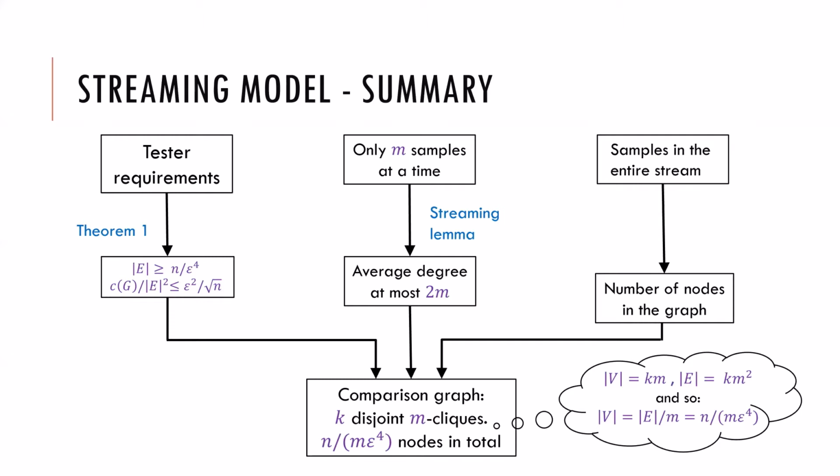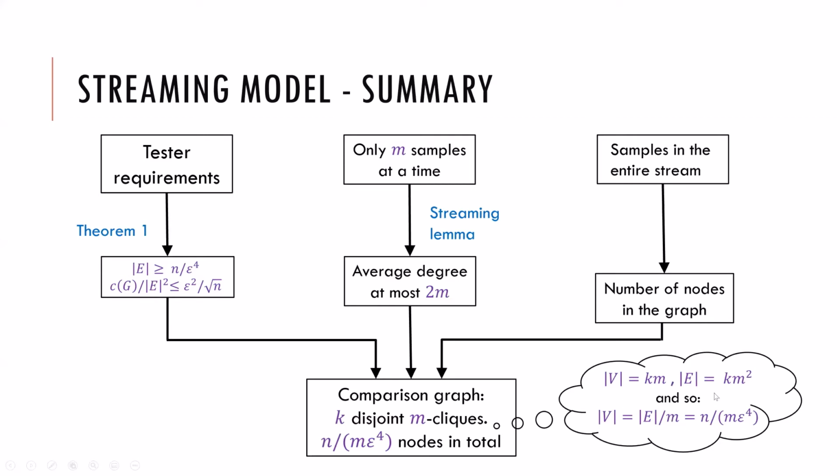And this is what our graph must fulfill. The samples in the entire stream, this is the complexity measure, the number of samples that we see in the entire stream, is simply the number of nodes in the graph. As we said before, this easily leads us to a nice graph structure that fulfills all these requirements: k disjoint cliques of size m.